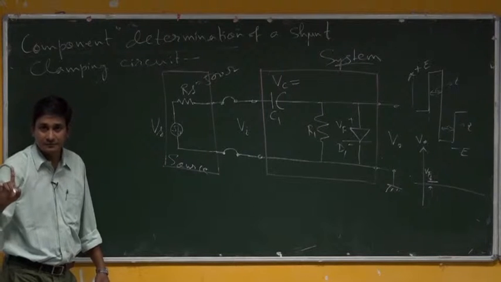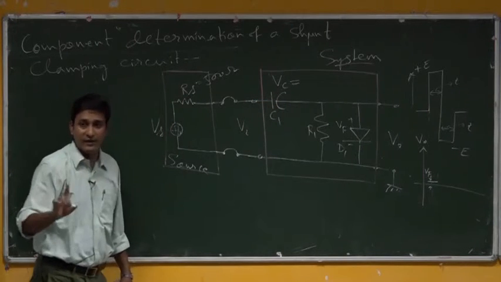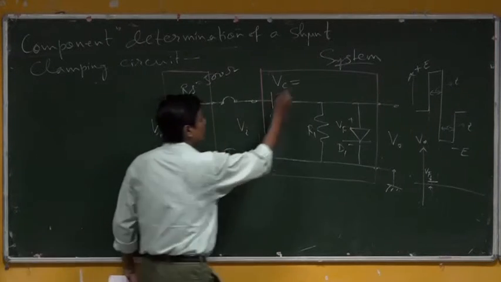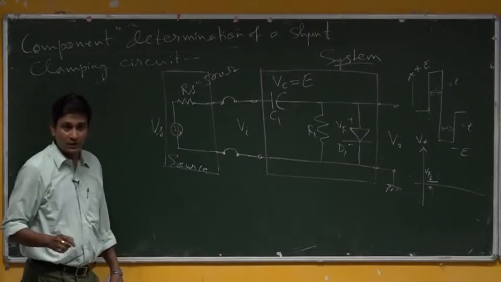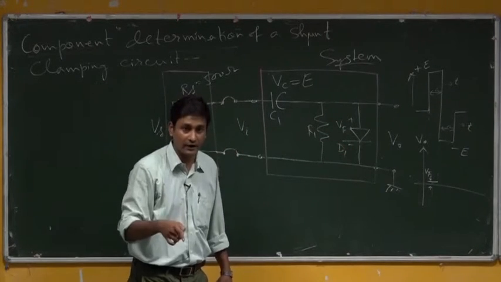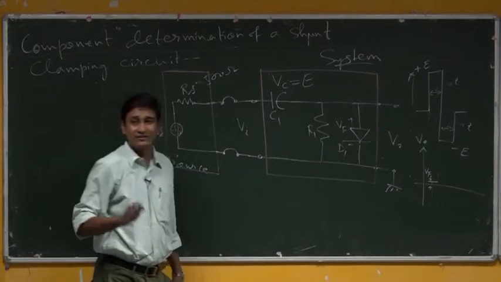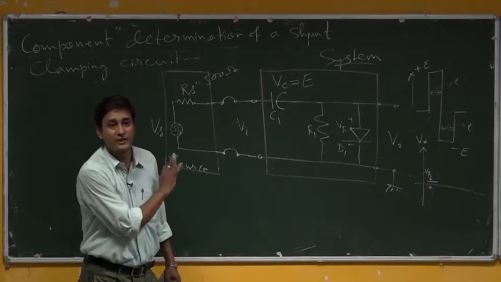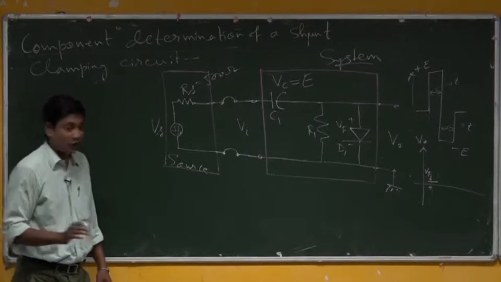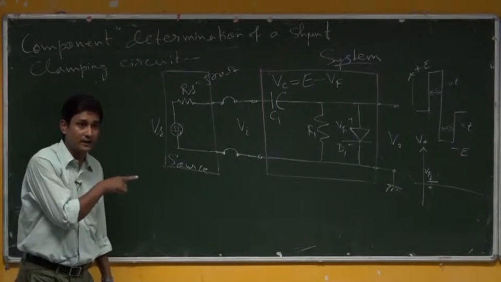Capital E. If Rs would be 0 and C1 of some finite value, Rs times C1 is 0, so immediately it would be charged, so it would be E. But since one Vf potential has to go beforehand so that this circuit works, where R1 becomes useless for the positive half, some potential will come here, so it will be E minus Vf, the way we considered in the earlier circuit.